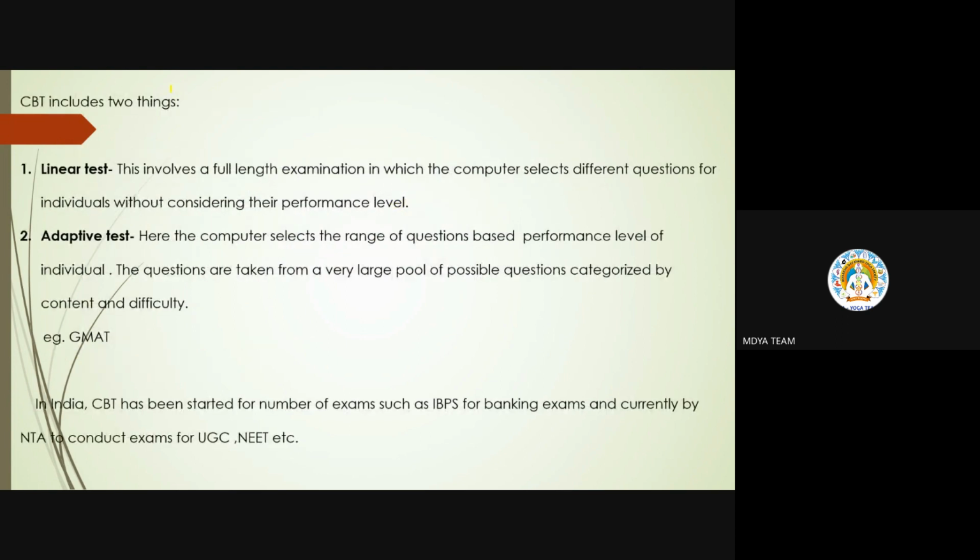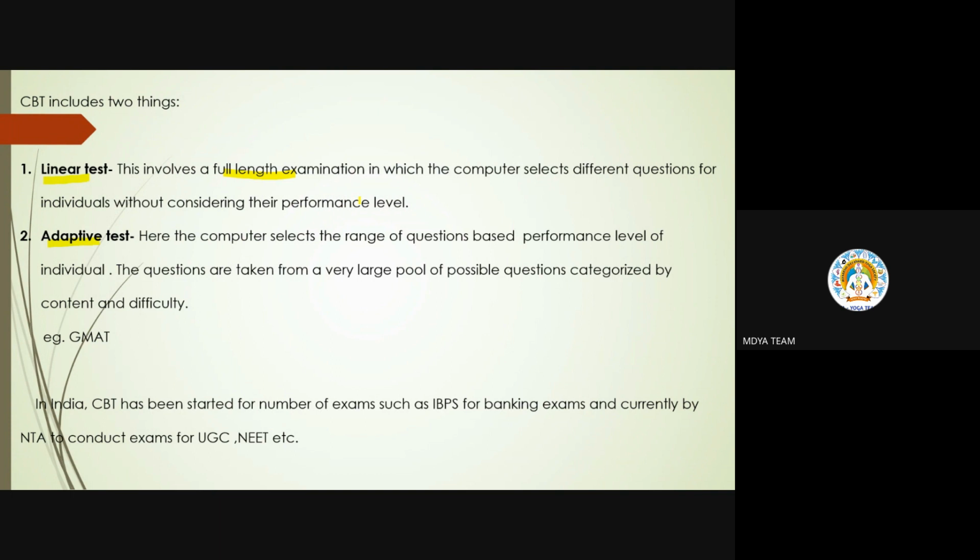CBT includes two things. The first is the linear test, and the second is the adaptive test. The linear test involves a full-length examination in which the computer selects different questions for individuals without considering their performance level. For example, the examination of your UGC NET JRF is a linear test.